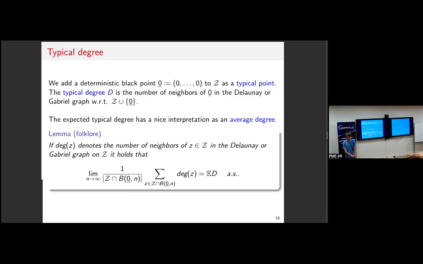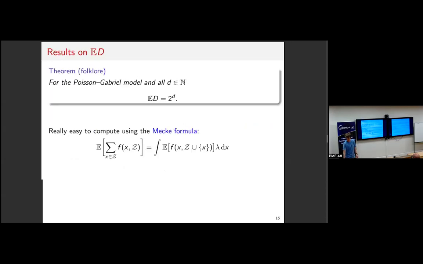So now we are, of course, interested in the exact value of this for both of our models. For the Gabriel graph, it's quite easy, and the reason why it's quite easy is because we have this fixed ball. If you know the Mecke formula, written here, it's very useful if you want to compute the expectation of things.